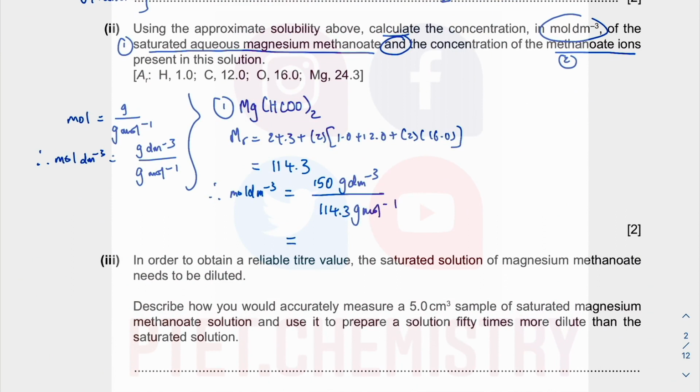Hope you can see the bookkeeping properly when I've written out the units like that. 1.312. Oops, sorry, the gram cancel out, so what I get is mole per dm cube. I don't know, I mean, they're a mixture of 2 and 3 sig fig. So I can probably give this to 3 sig fig to be appropriate.